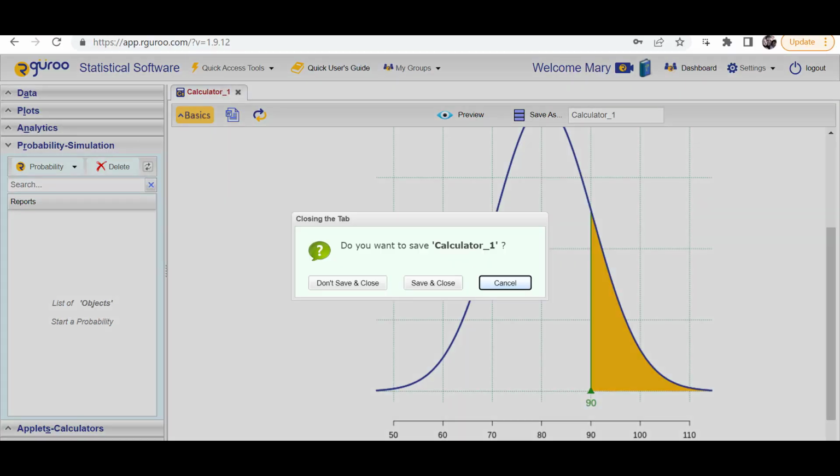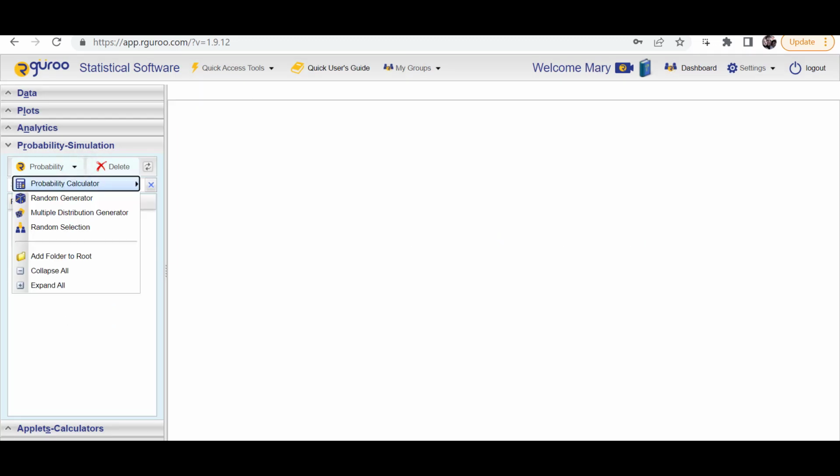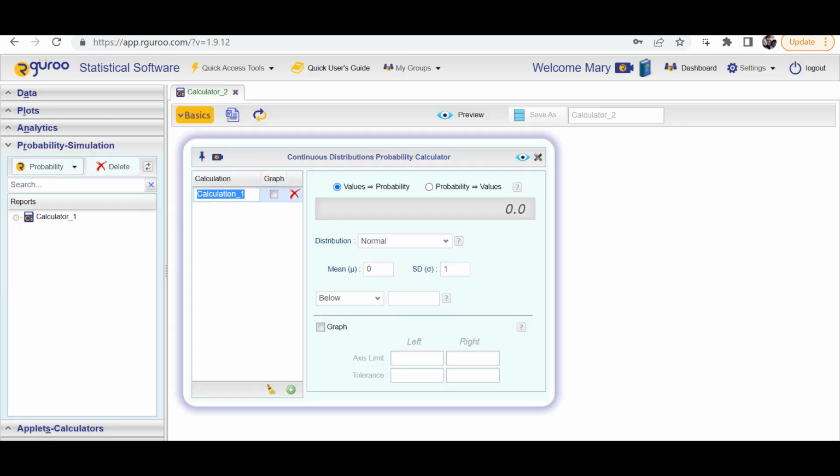All right, so probability calculator, continuous, and then the mean was 120. And the standard deviation was, I'm sorry, the mean was not 120.